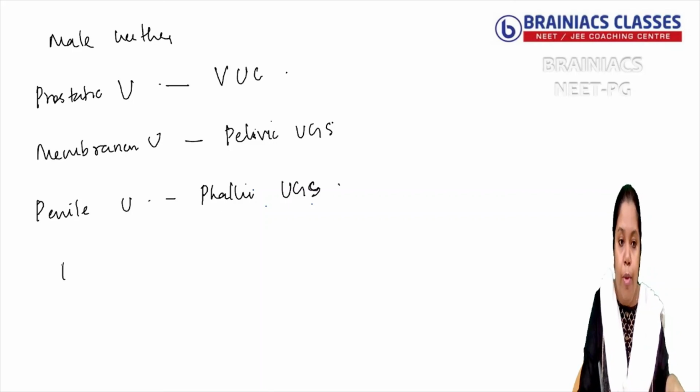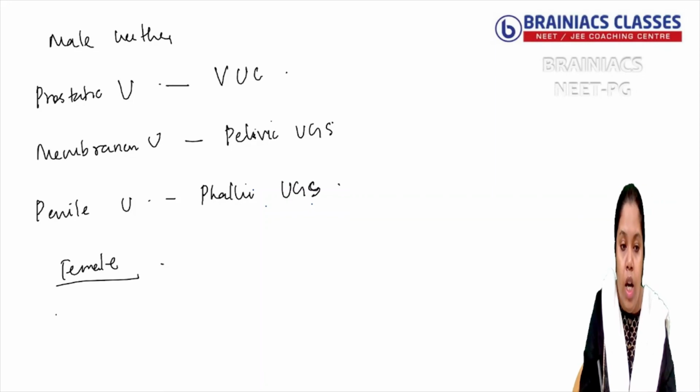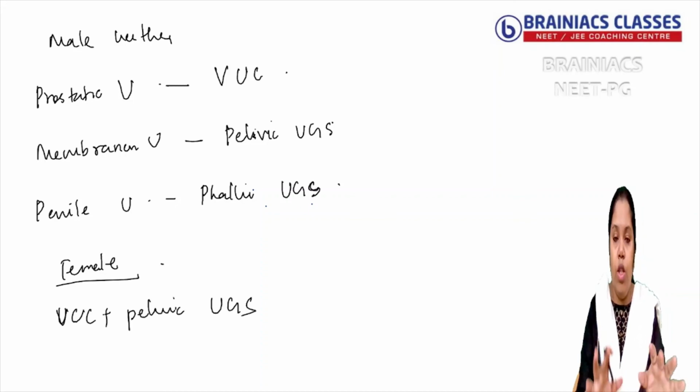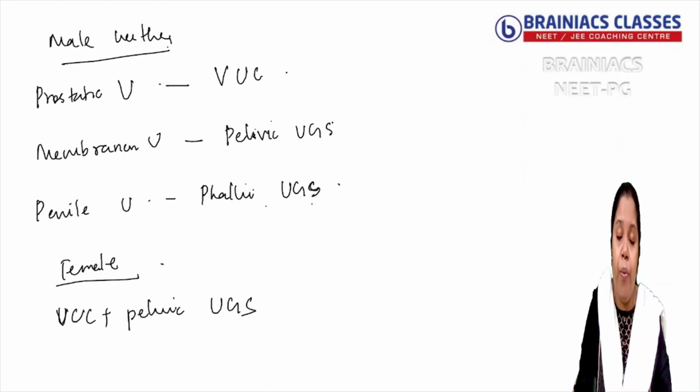Right, and coming to the female urethra, it is from the vesico-urethral canal plus the pelvic urogenital sinus. Okay, so this is about the development of the kidney.